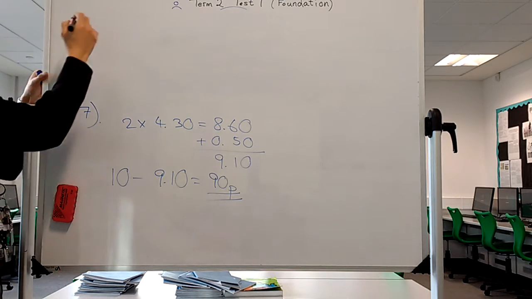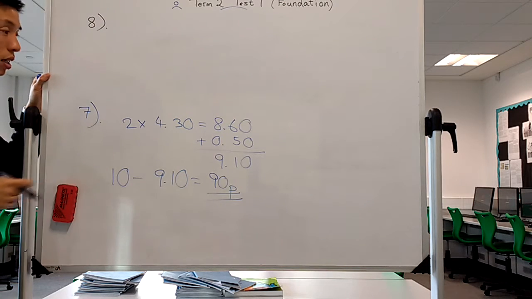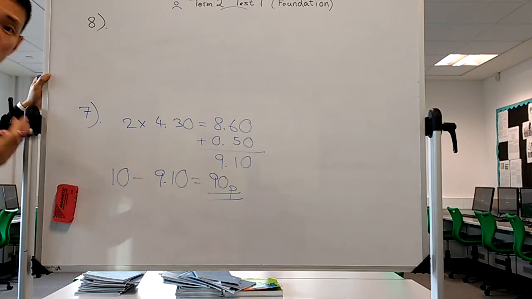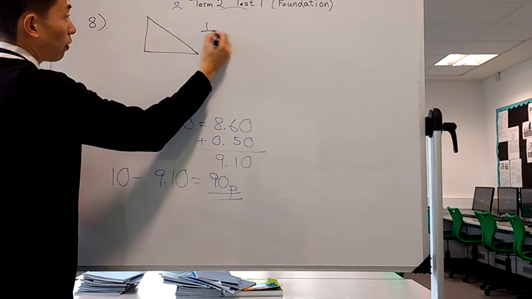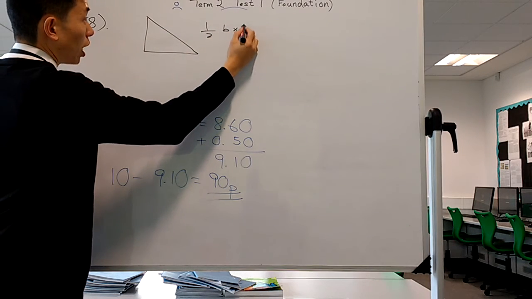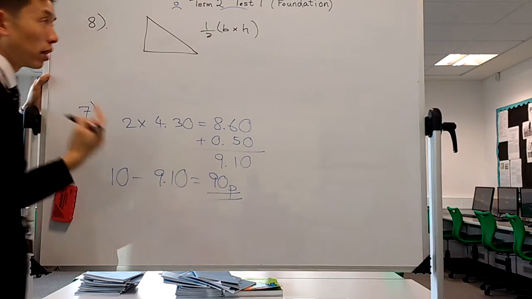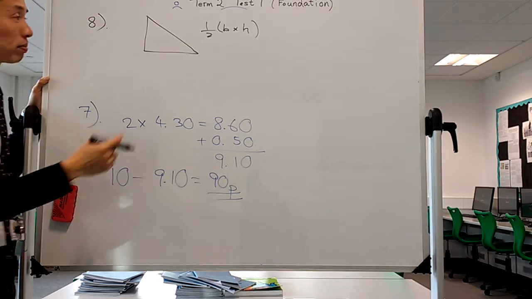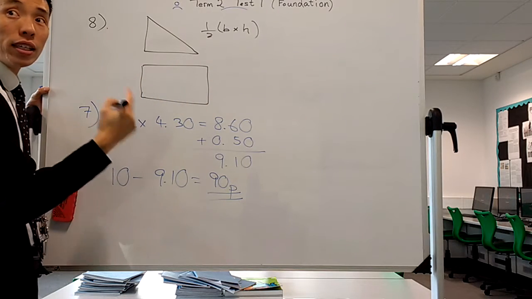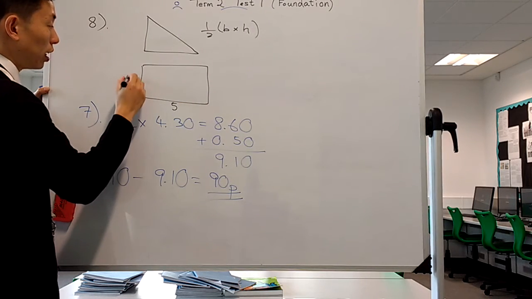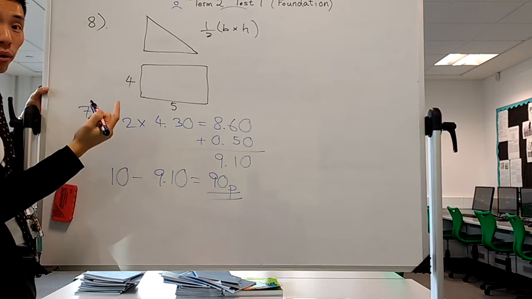So number 8. If you don't know the formula for finding the area of a triangle is half the base times the height, then you could do it this way. You can imagine you have a rectangle with a base of 5 and width or height of 4.